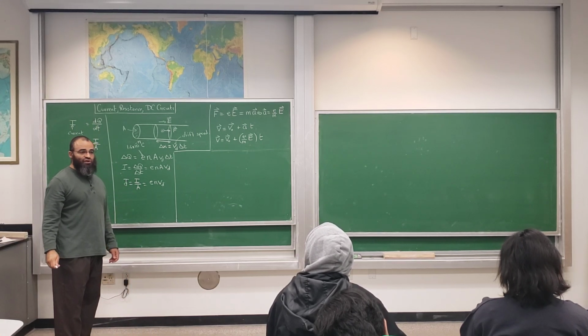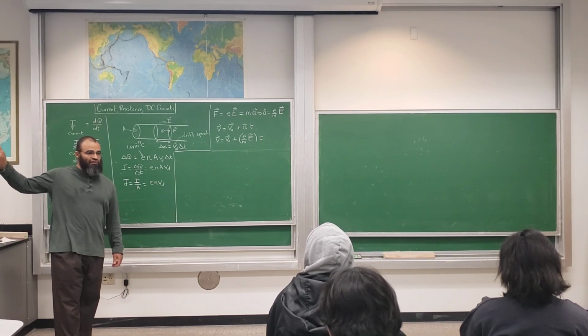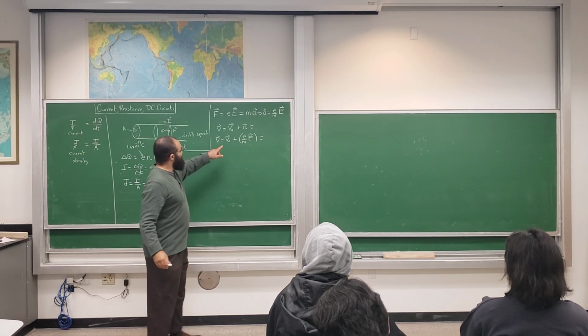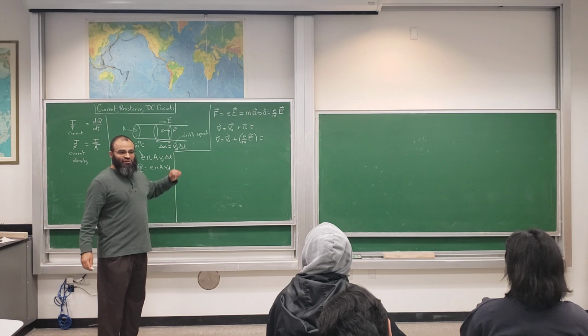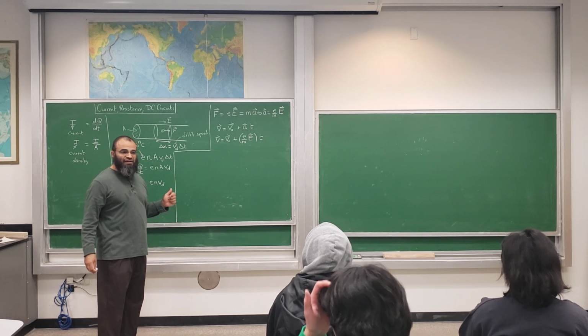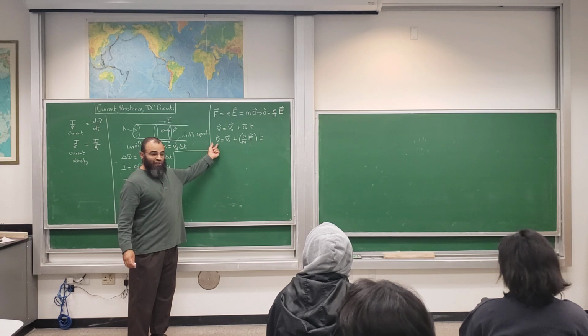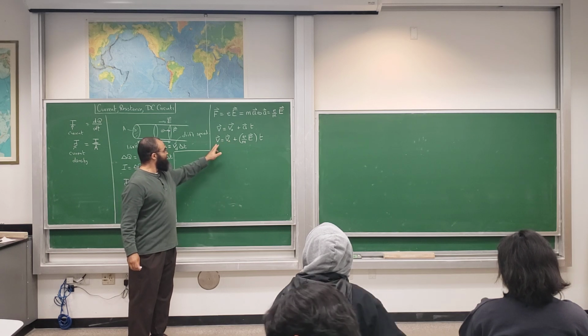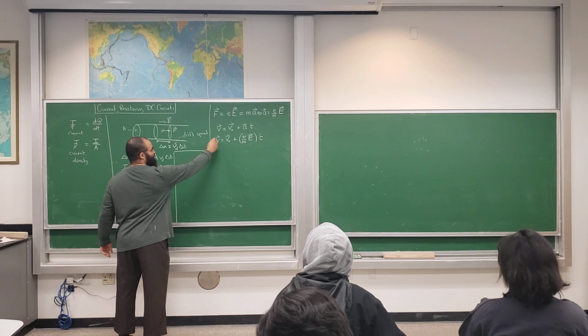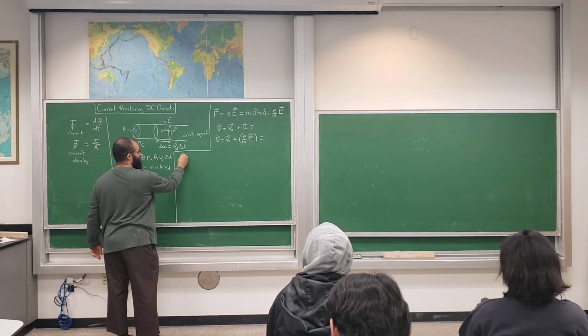Because do we have just one charge moving? No, we have 10 to the 28 per cubic meter, so many more than just one charge. On average, I need to average. So what's their average speed? We'll take the average on both sides. Remember, when we put brackets, it means average. So like this.